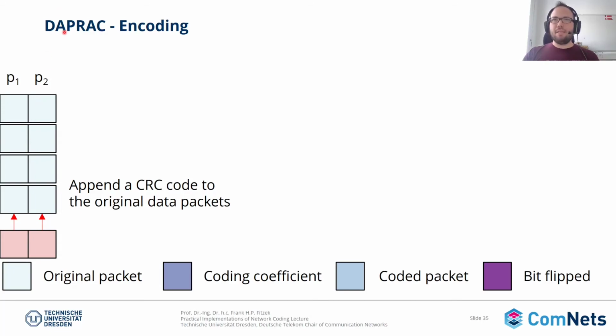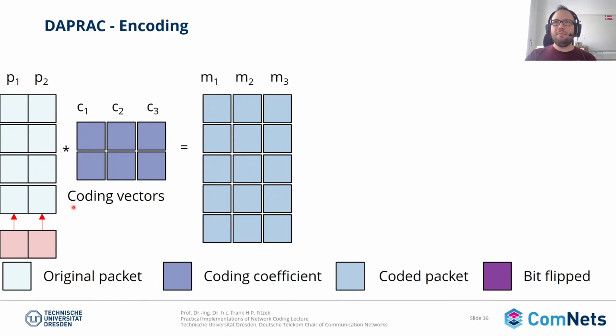In DAPRAC, what we do is append a CRC code to the original data packets. This is done at the encoder, so this is the encoding process. The encoder will compute a hash, a CRC code, based on the data of the packets, and it will append it to the packet. That would be seen as part of the data now for the network encoder.